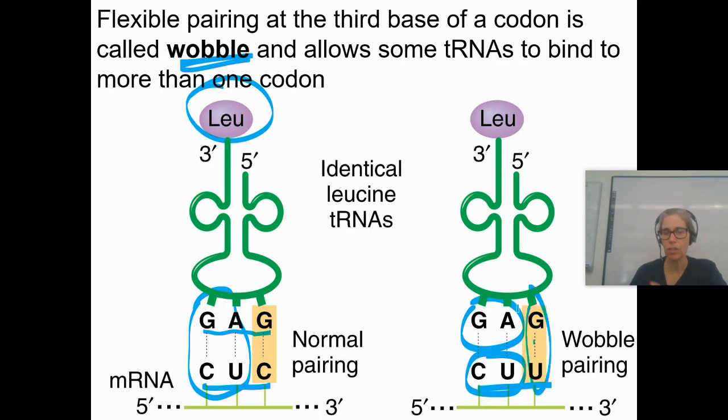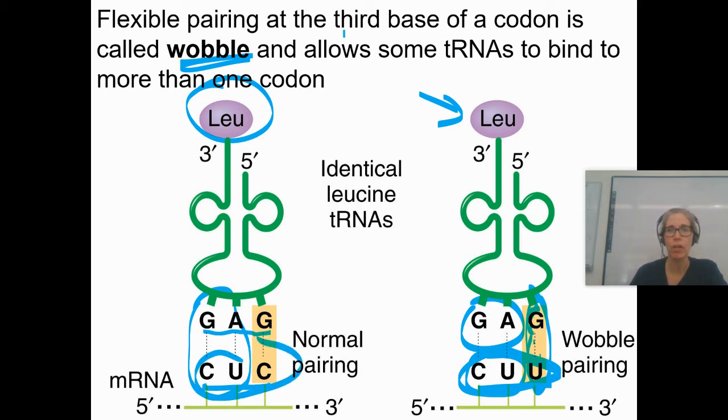This last one almost matches. It's called wobble pairing. This U should pair with an A, but with this tRNA, it's close enough. And so CUU actually ends up coding for the same amino acid as CUC.